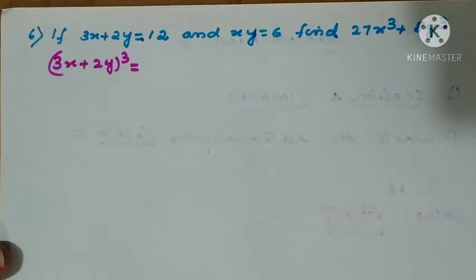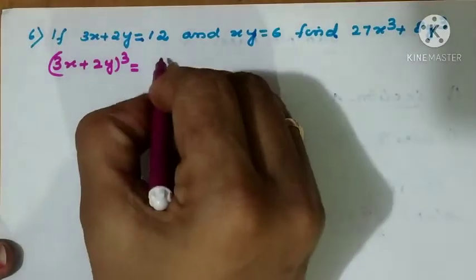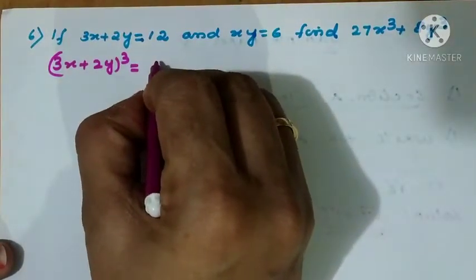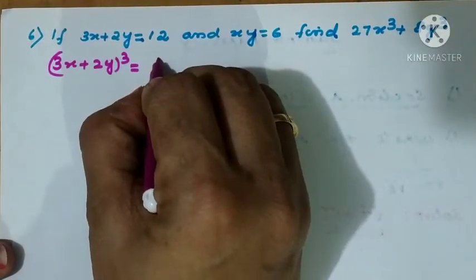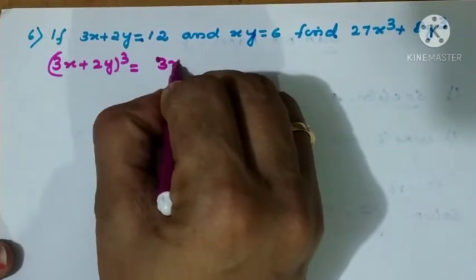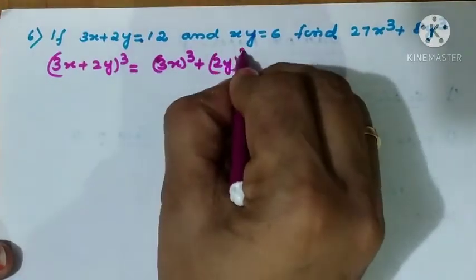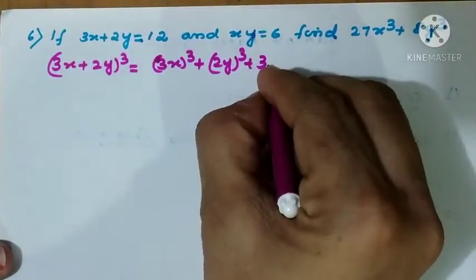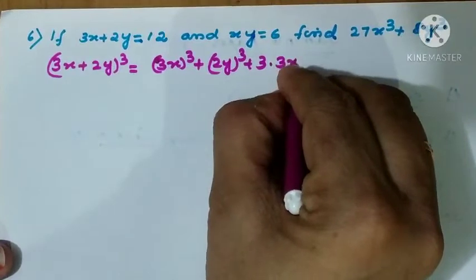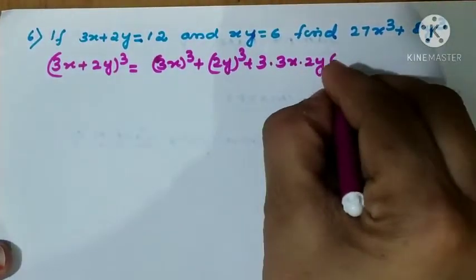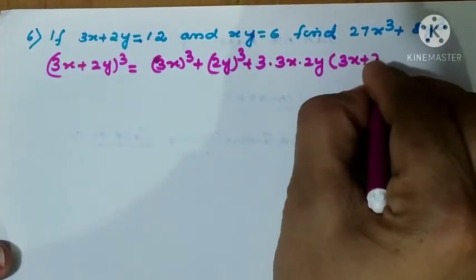In the bracket we'll keep some common terms. Other than that, what is the formula? A plus b whole cube equal to a cube plus 3a square b plus 3ab square plus b cube. So better we use the bracket form only. That is, 3x plus 2y whole cube can be written as 3x whole cube plus 2y whole cube plus 3ab, that means 3 into 3x into 2y, bracket 3x plus 2y.